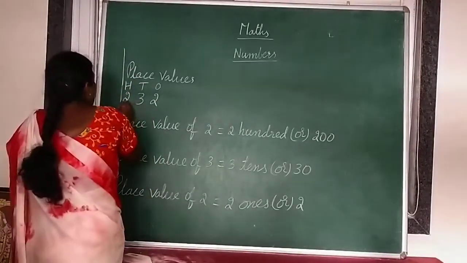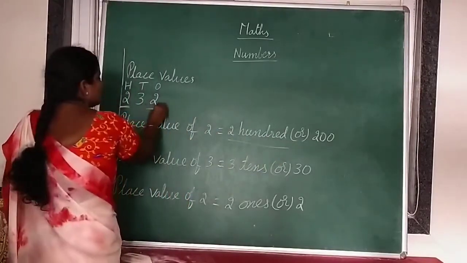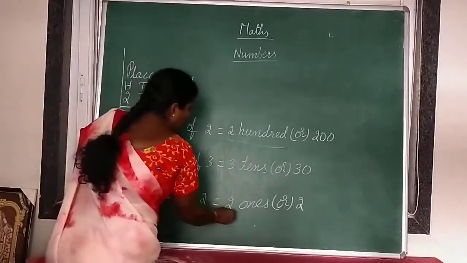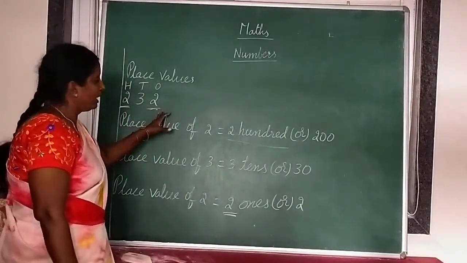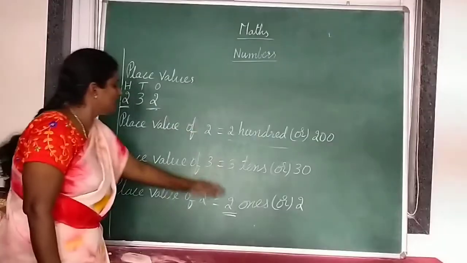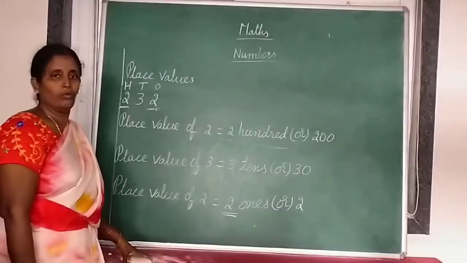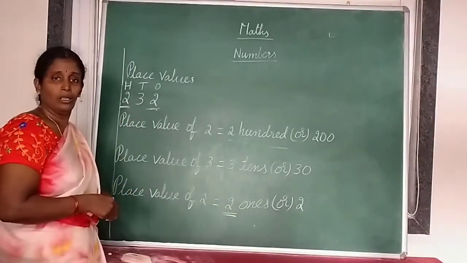Why is the place value of this 2 is 200 and place value of this 2 is 2? This is 2 and this is also 2. But place value of this 2 is 200 and this 2 is 2 ones. Why? Both are 2's, no?